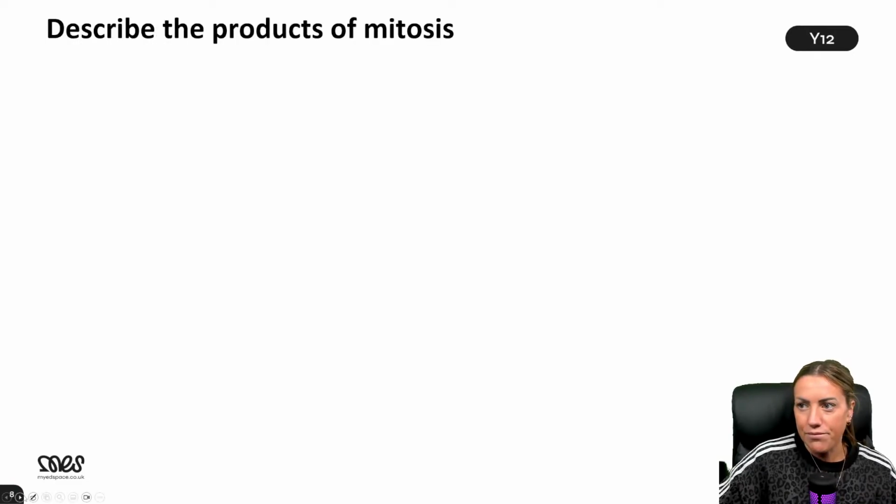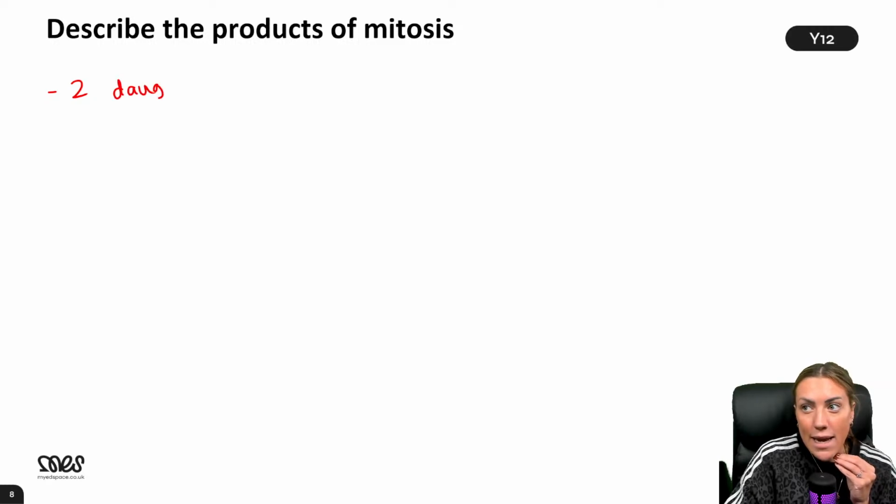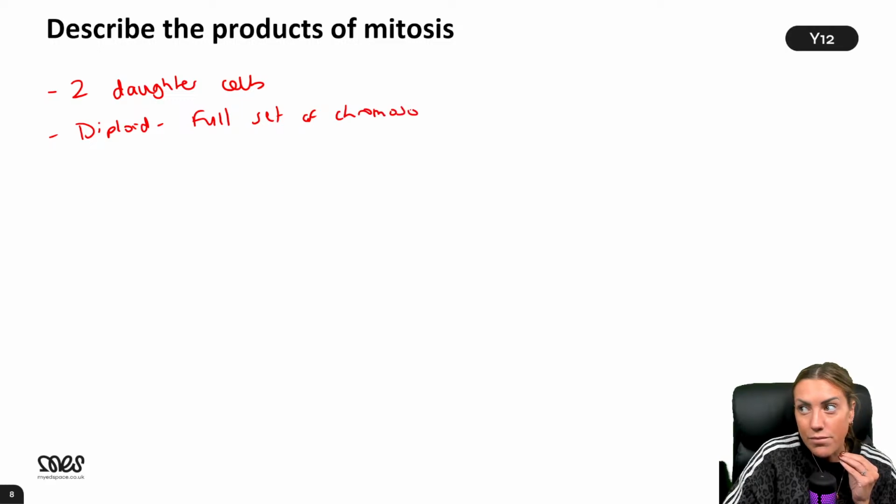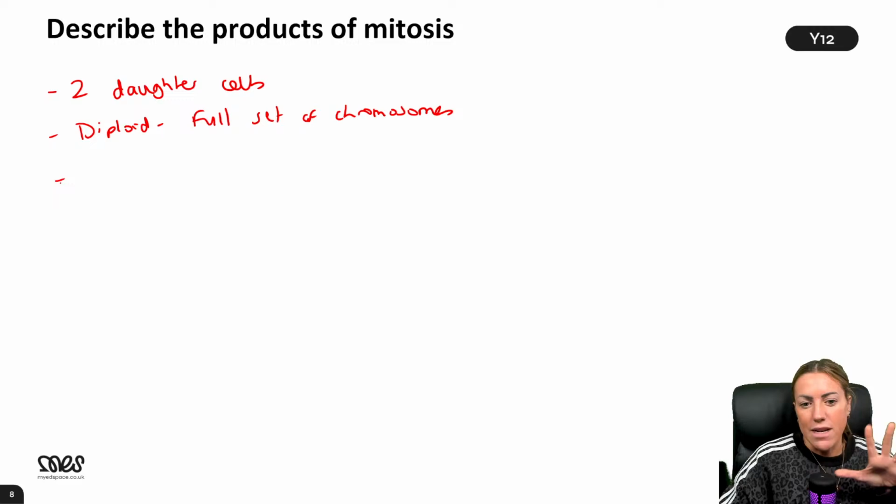Let's just finish off our learning by describing the end products of mitosis. In terms of end products, we've made 2 daughter cells, and they are diploid, so they have the full set of chromosomes. And what about in terms of variation? Can we remember from GCSE, are we making genetically identical cells here or genetically different cells?